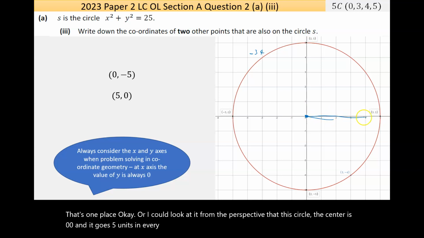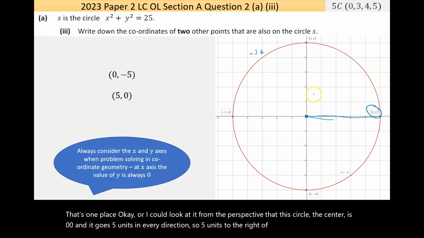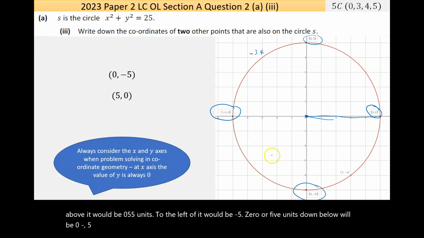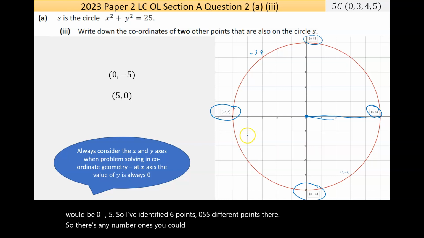So 5 units to the right of it would be 5, 0. 5 units above it would be 0, 5. 5 units to the left of it would be minus 5, 0. Or 5 units down below would be 0, minus 5. So I've identified five different points there. So there's any number of ones you could do.